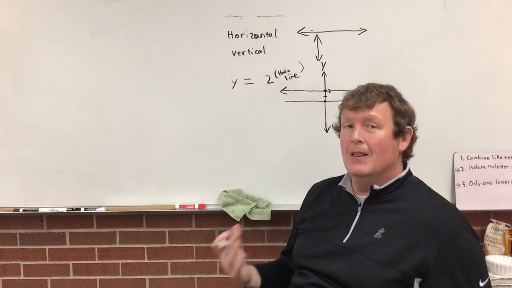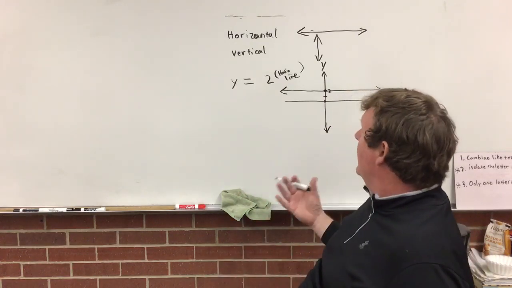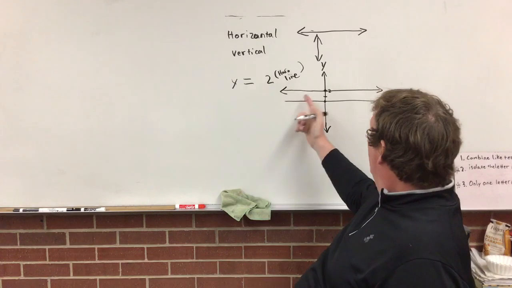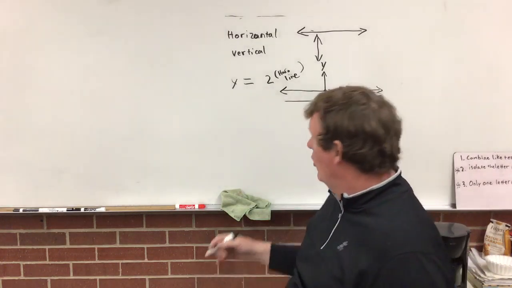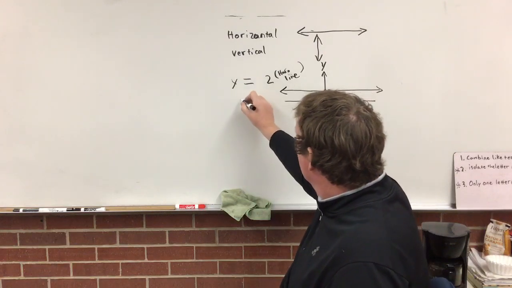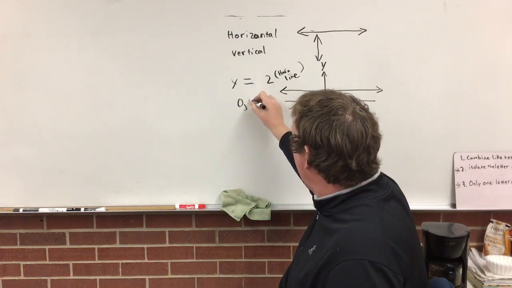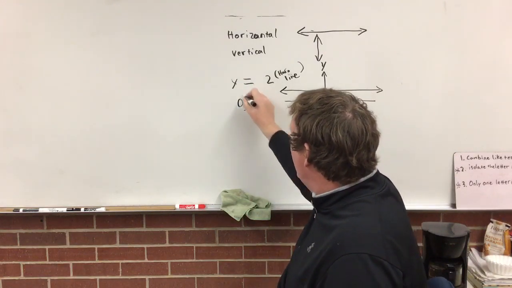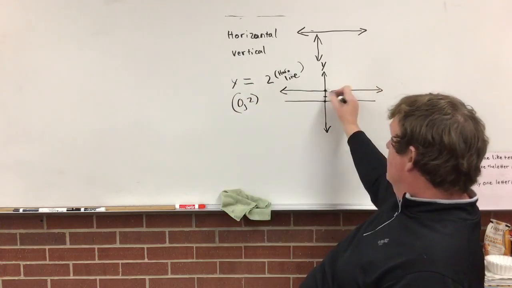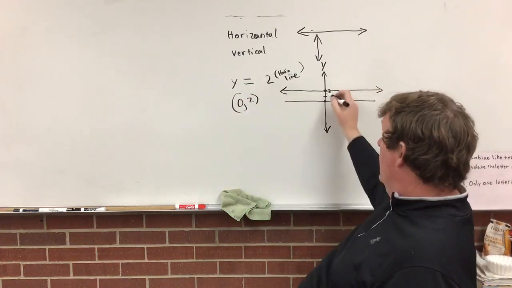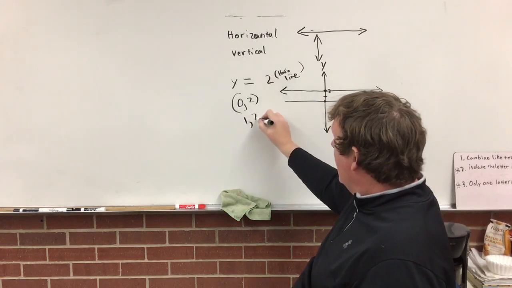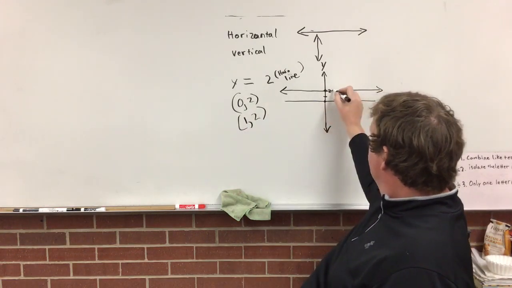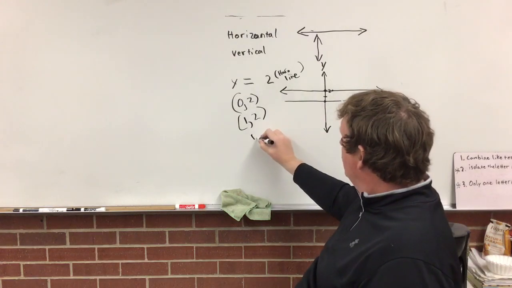Okay? So later on, they'll say, if y is 2, give us 3 ordered pairs that are on that line. Well, that's easy. If x can be any number, but y always has to be 2, then x could be 0, with x 0 and y 2, that's where it would be. x could be 1, yep, and x could be 2.